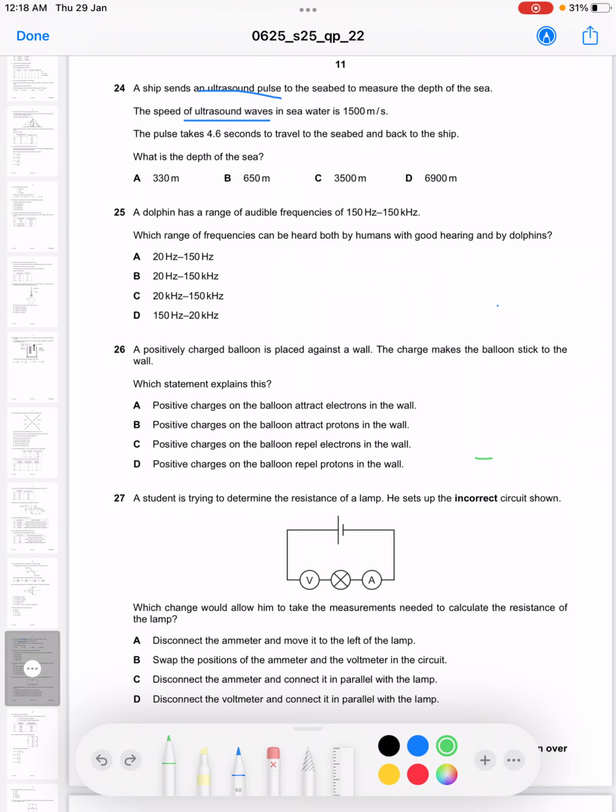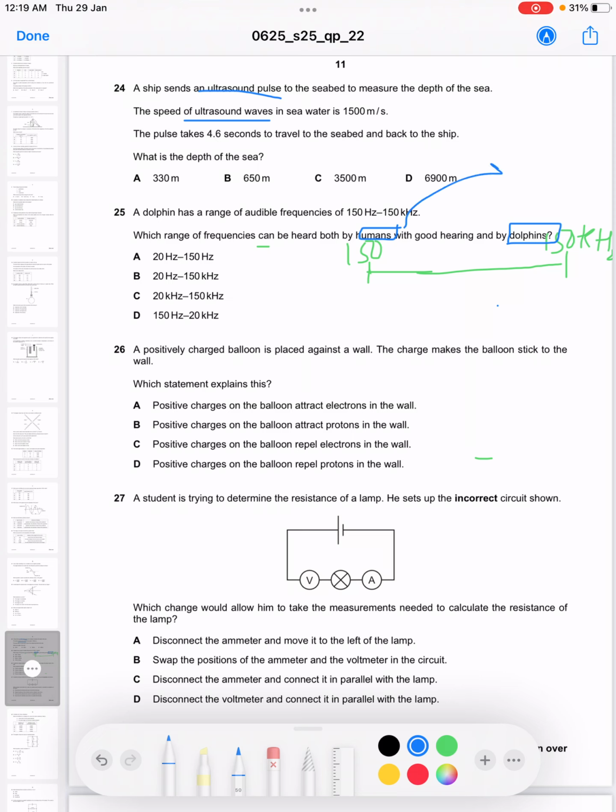This is 150 Hz and this is 150 kilohertz, right? Which range of frequency can be heard both by humans and by the dolphin? Humans and dolphins both can hear, and we need to find out that range.